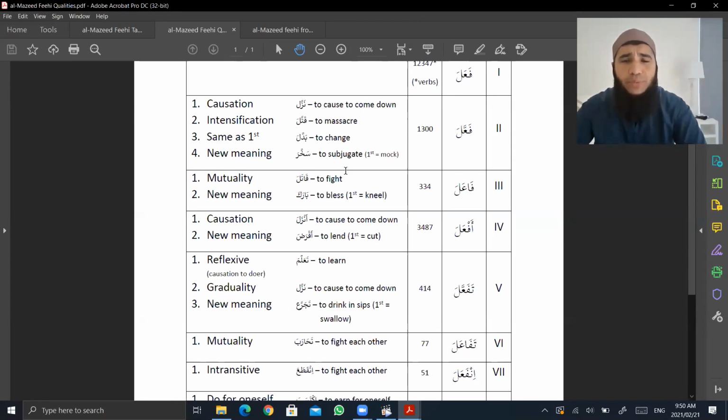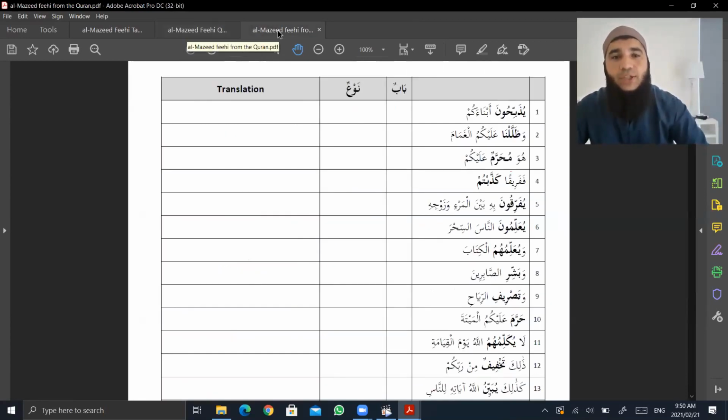We'll look at more examples next week, inshallah. Sometimes the word on this scale also has a new meaning, like you will see in the case of the word jahada. But we'll discuss the differences in meaning next week, bismillah ta'ala.